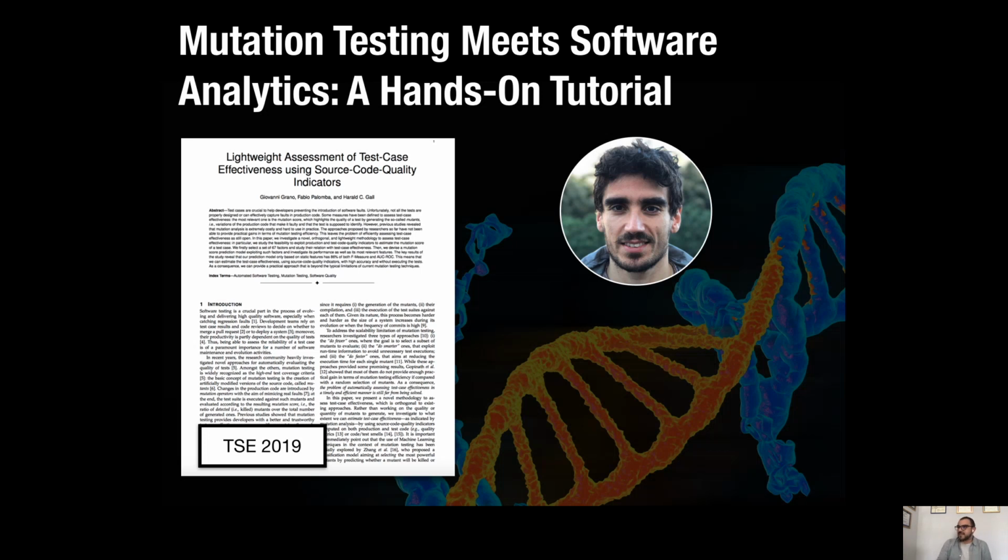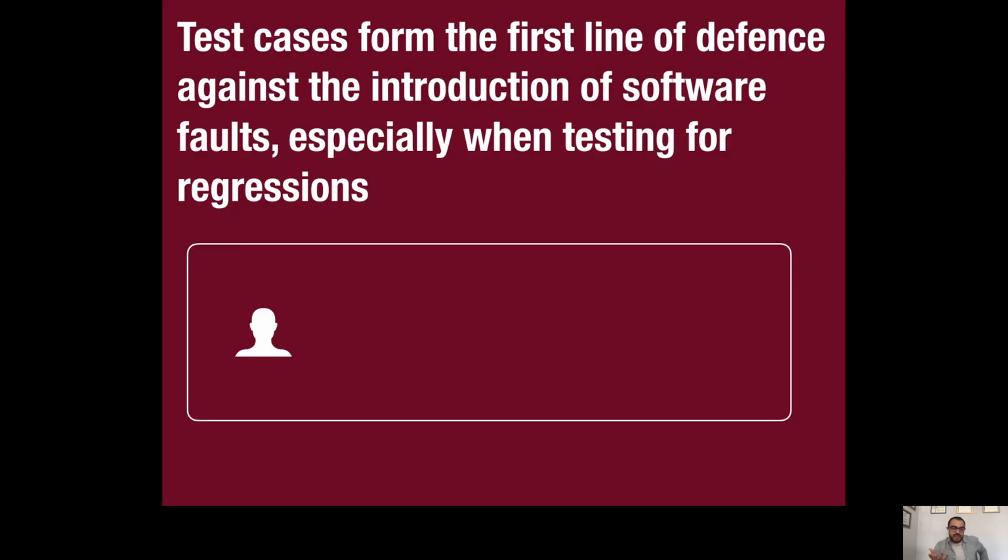Okay. Let's start with point one of my presentation, which is mutation testing. As most of you probably know, test cases form the first line of defense against the introduction of software faults. And this is especially true when testing for regressions.